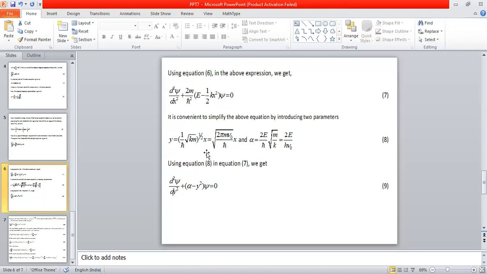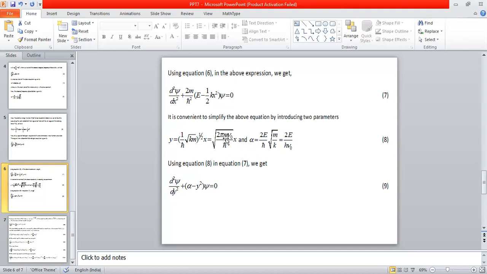This expression can also be written using the expression for the classical frequency of oscillation, as y equal to square root of 2 pi m nu naught by h cross, times x. You should bear in mind that x is outside the square root.